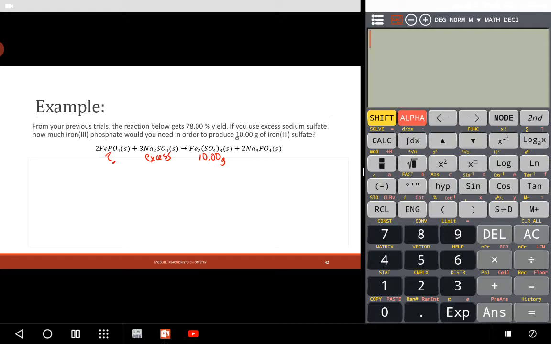So we need this to be the actual yield. And so this tells us that we will make 78 grams for every 100 grams we start out to make.